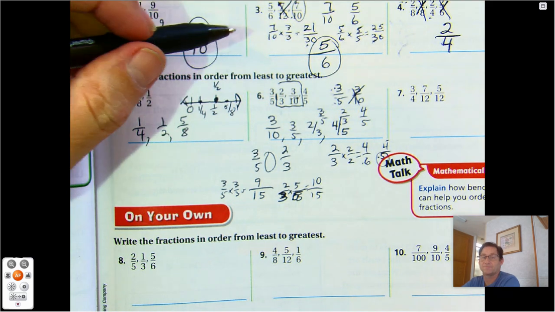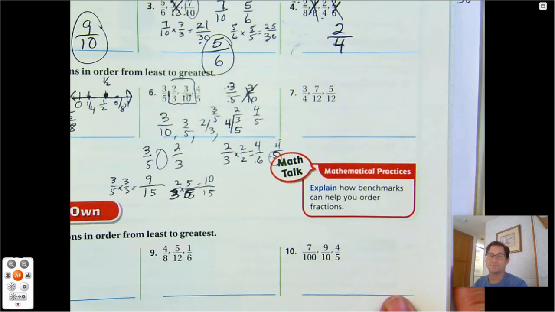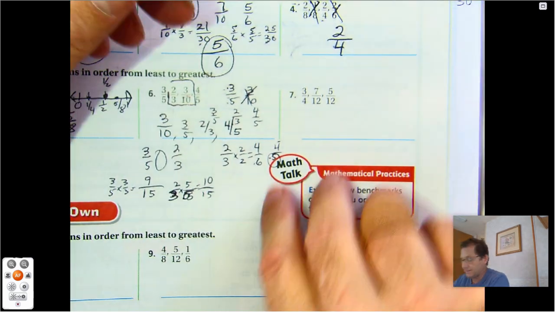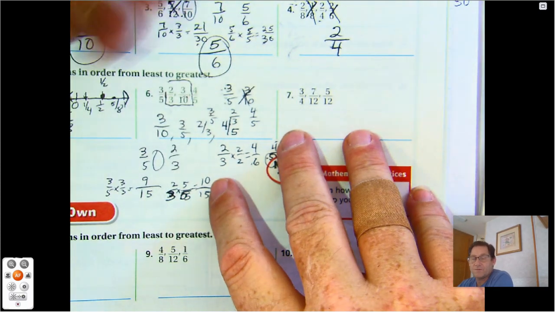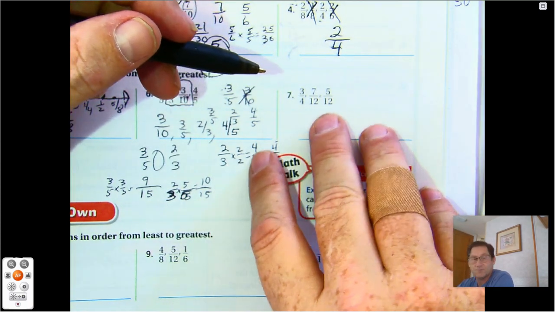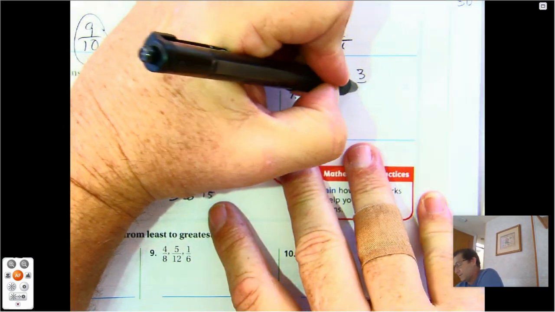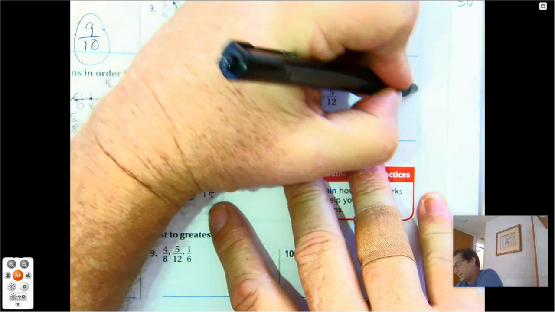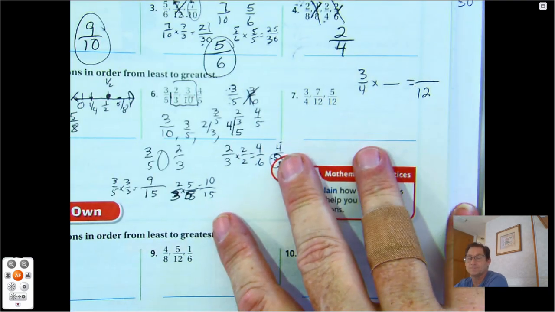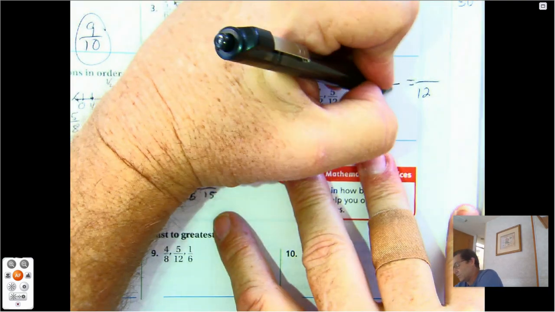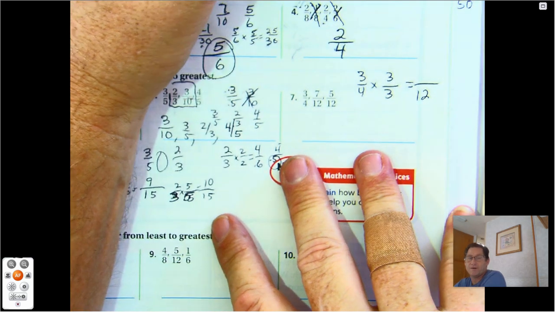Number 7. The best way I would recommend doing this one is that since these are both 12s, let's change 3/4 into 12ths. 3/4 times what equals 12? 3. Let's multiply both the numerator and denominator by 3. 3 times 3 is 9.